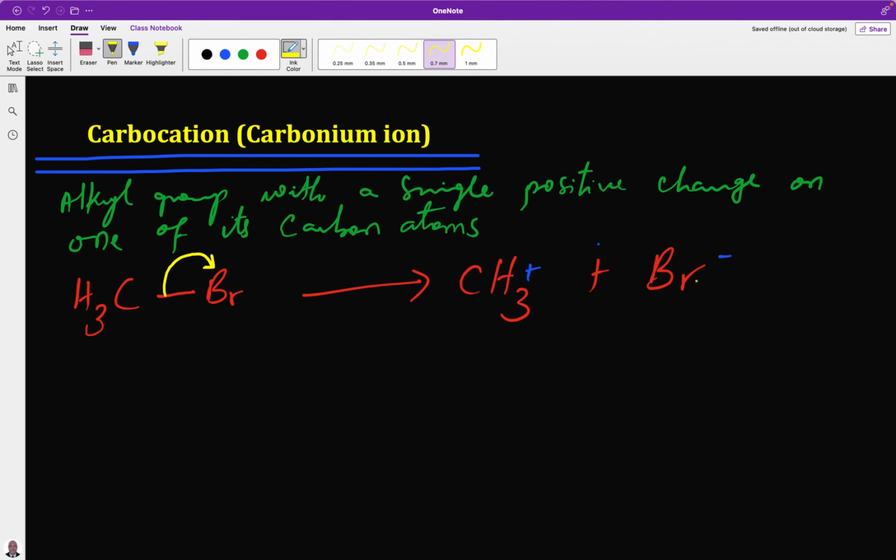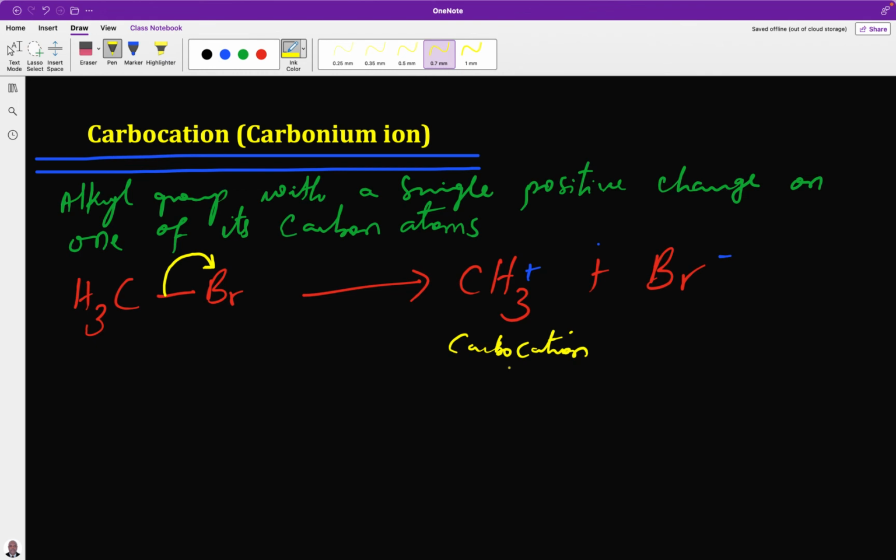Meanwhile, bromine that takes both electrons that were used in the covalent bond acquires a negative charge. And this usually occurs in heterolytic fission. So this is the carbocation that is being formed.